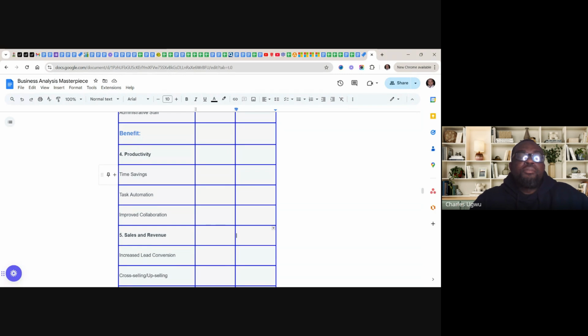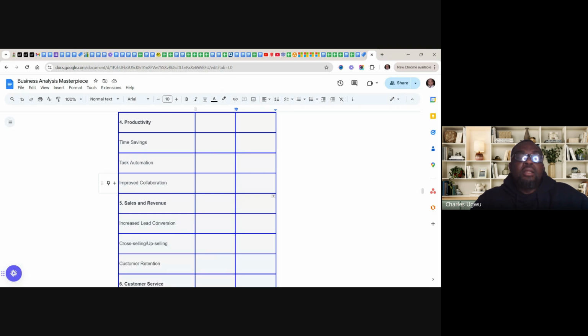You see productivity in terms of benefits: you have time saving, task automation, improved collaboration. These are various benefits, and everything comes down to time savings, even this improved collaboration.